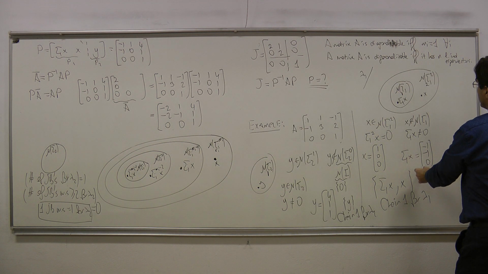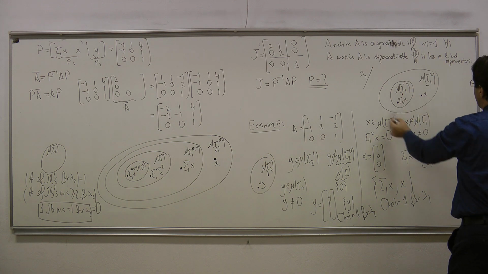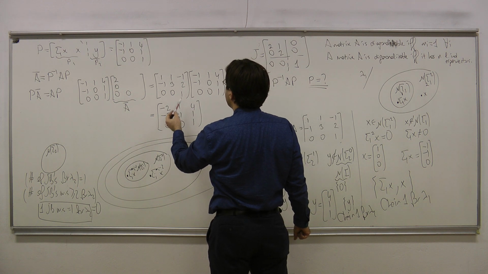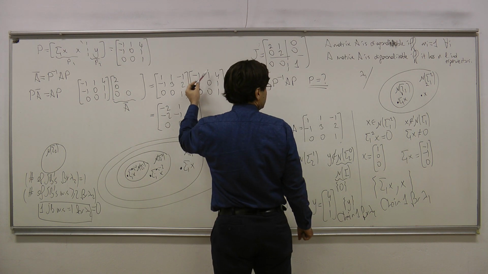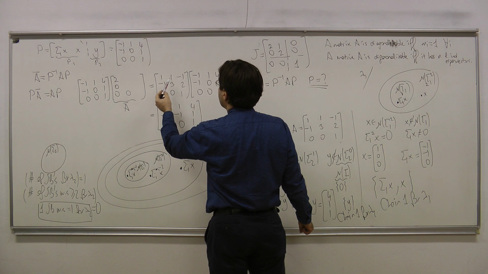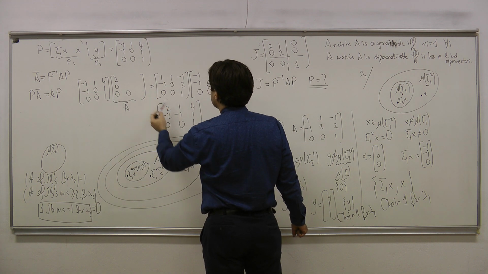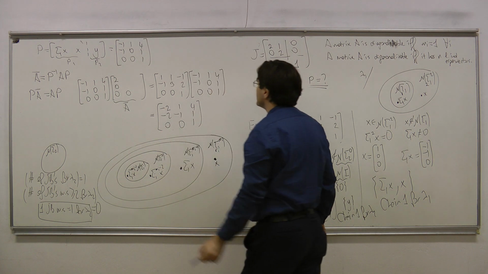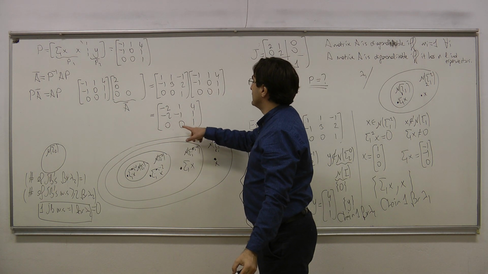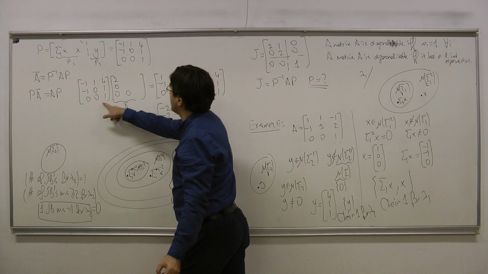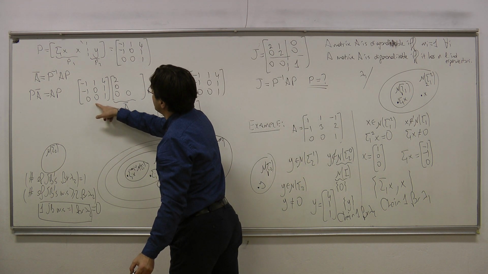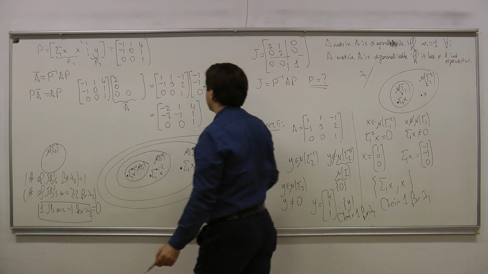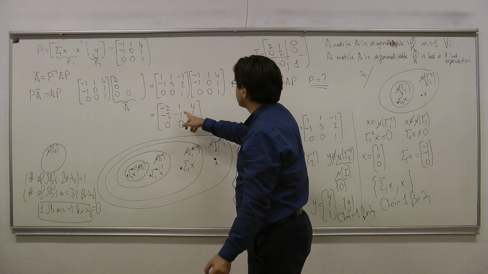When I try to write this 1, minus 1, 0 as a linear combination of the columns here, it is going to turn out to be a combination of only the first two columns, and the third coefficient will be equal to 0. Why was that?